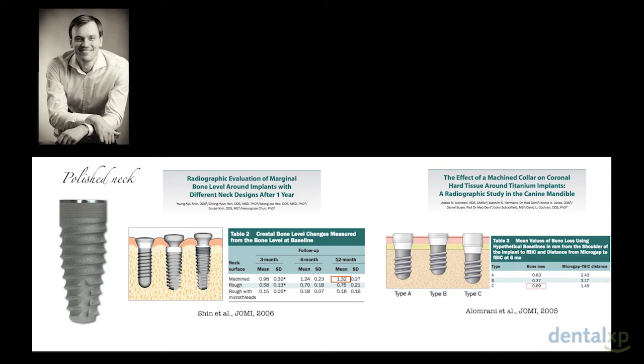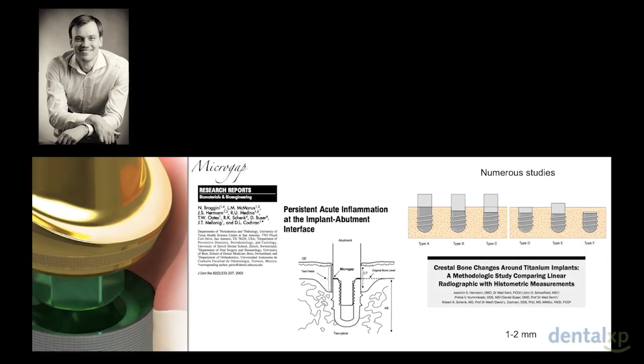And there are many studies that prove that. Another factor, microgap. I think this is the most researched factor which influences crestal bone instability. There are so many studies, and all of them say that if you have a microgap at the bone level, you will lose the bone.